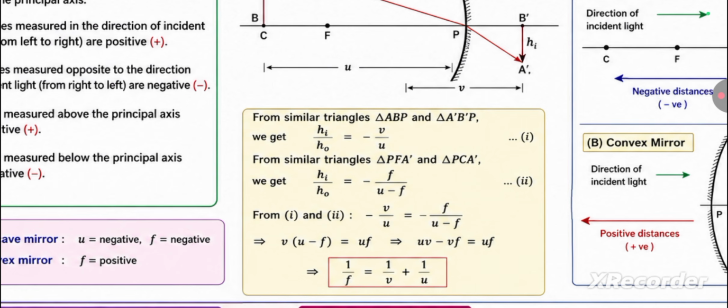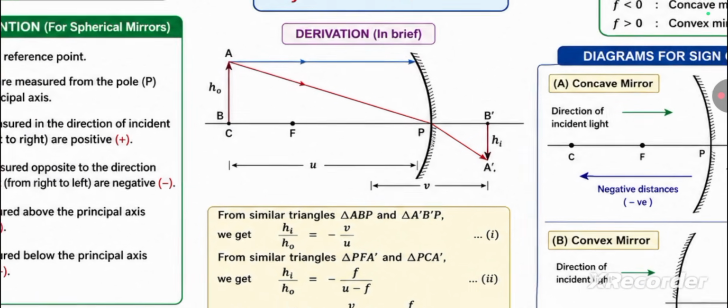So uv is equal to uf plus vf. f is common, so f into u plus v. So uv by u plus v is equal to f. Then 1 by f is equal to u plus v by uv. That gives 1 by f is equal to 1 by v plus 1 by u. This is the mirror formula.